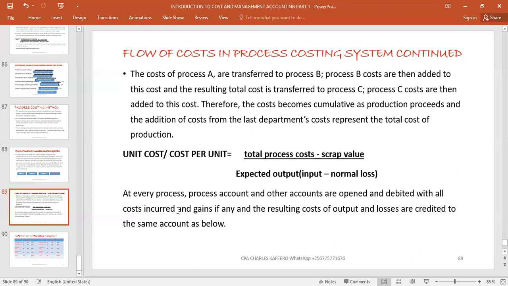So I can just give you an illustration of a format, you have a look at how this process account looks like, and we shall continue to learn more as we go to the computations, but you have to get this theory in your memories, because it's this theory that helps us to get the computation when we know where we are heading.